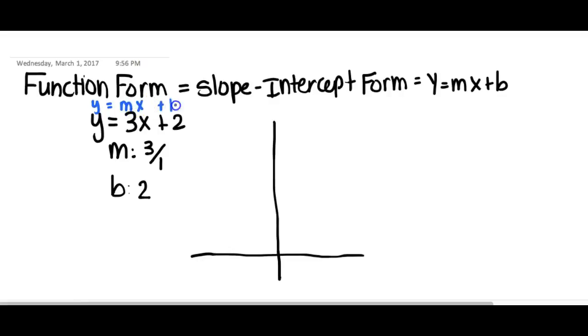mx plus b. So when we graph this, let me just label my axes. I would always label my axes for you guys, just in case there was any sort of confusion or mix-up. And so I'm going to start at 2. Let me just put some points on here, some lines to help us out.